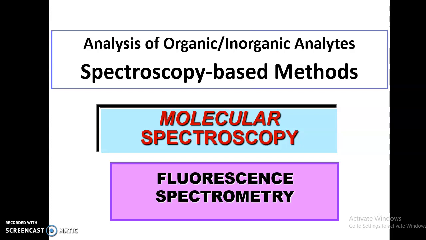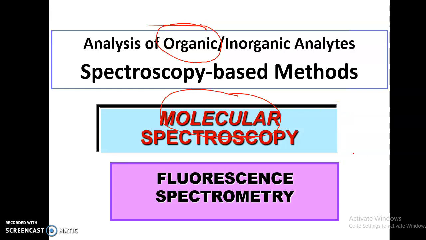This is again a molecular spectroscopy because it can be used to analyze molecules, because fluorescence spectrometry is like a derivative of UV visible spectroscopy. Still, it can also analyze organic compounds, in the molecular state. It's not atomic yet.